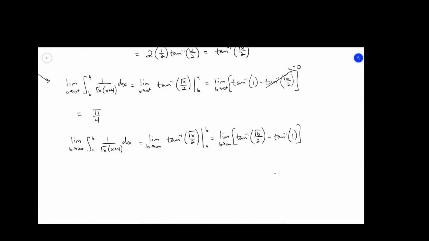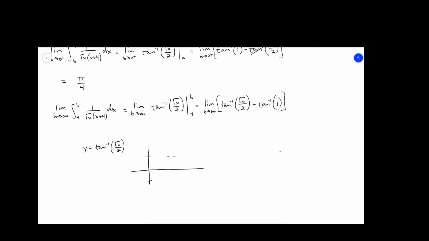Okay, now we have to think about what happens as b goes to infinity on the square root of b, the arctan there. So now we have to think about what that function is going to look like. In other words, this might be one that we would want to do by a graph or a table, perhaps. Probably a graph. So if I graph inverse tan of root b over 2, what does that look like?